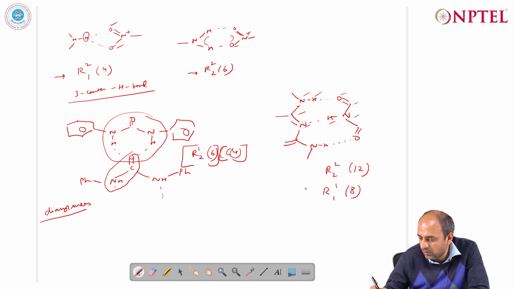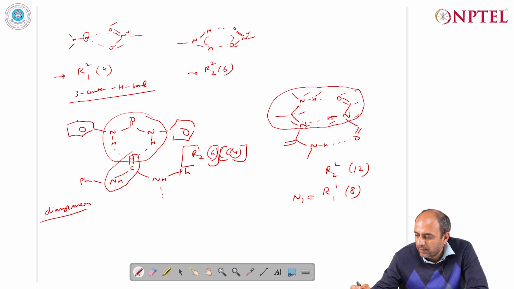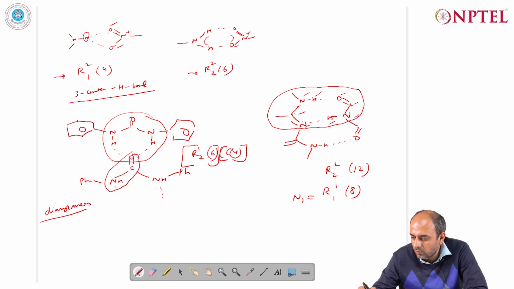The first one is the primary graph set analysis. Here we have 1, 2, 3, 4, 5, 6, 7, 8, with one donor and one acceptor. Whereas we can also consider another graph set analysis where we have 1, 2, 3, 4, 5, 6, 7, 8, 9, 10, 11, 12, and there are two donors and two acceptors.